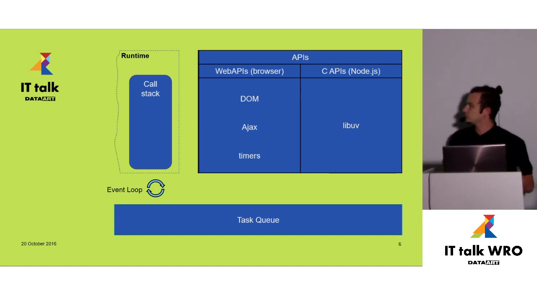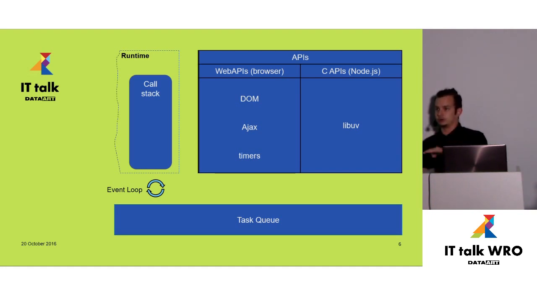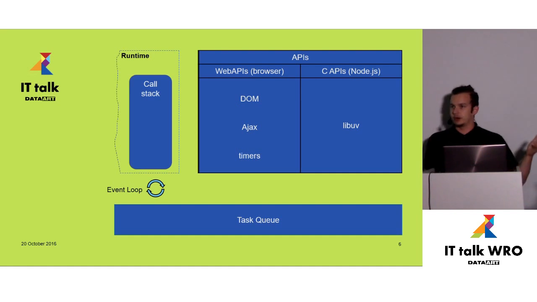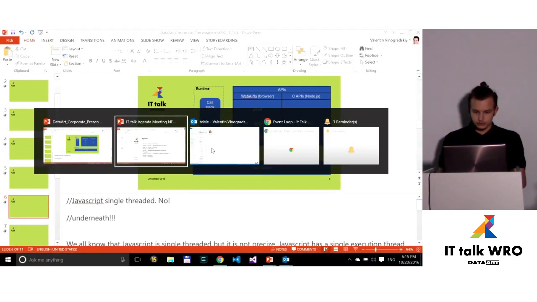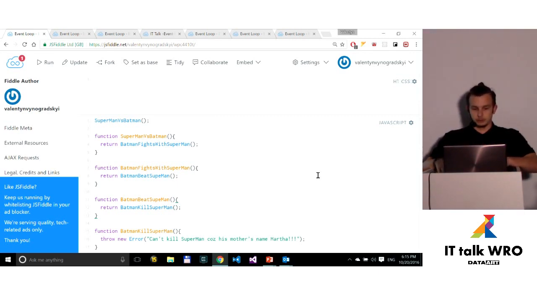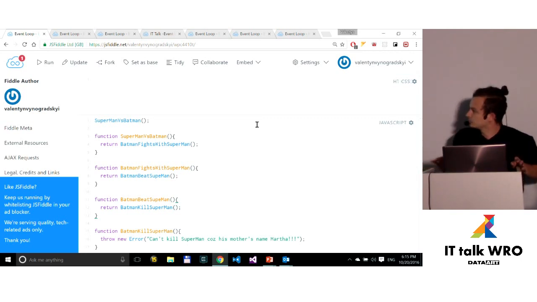First of all, I want to show you how you already saw the call stack in your development. I guess all of you use Firebug or DevTools. Let's go through this very basic example. Can everyone read this code from the back? Okay, super. This is a simple function call, Superman vs Batman. It calls another function, which calls another function, and that function throws the error.